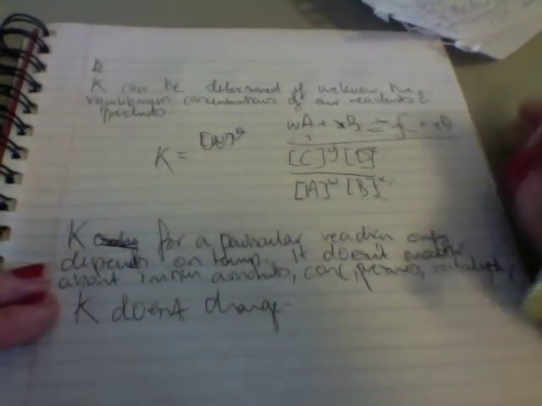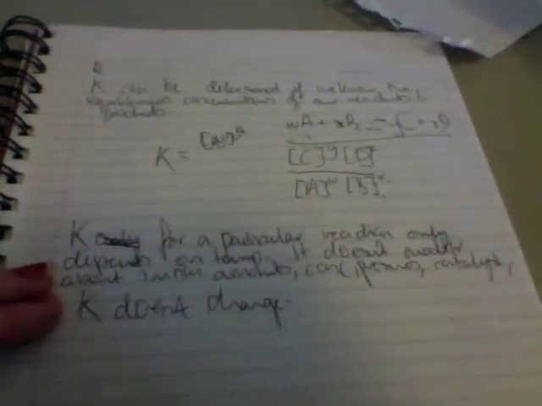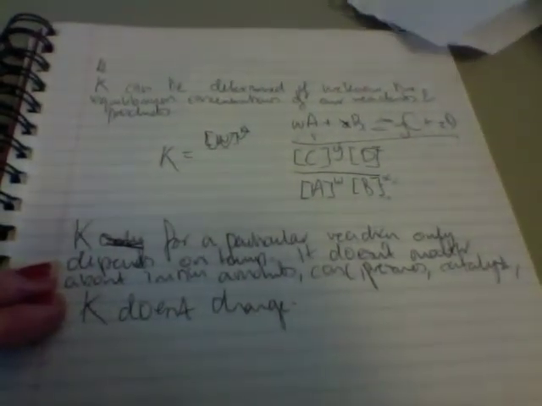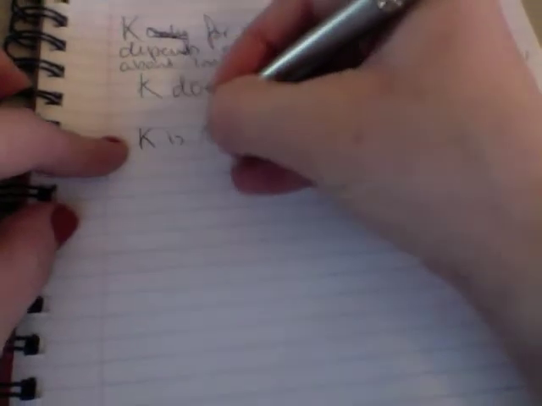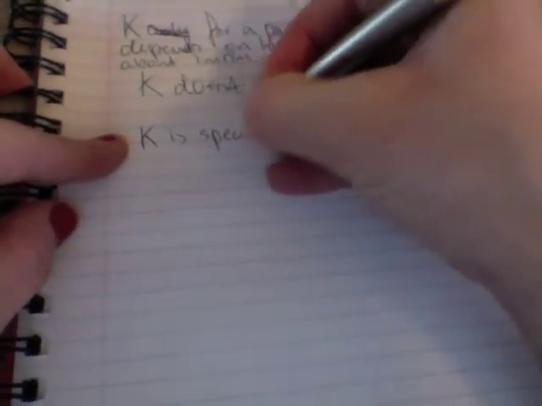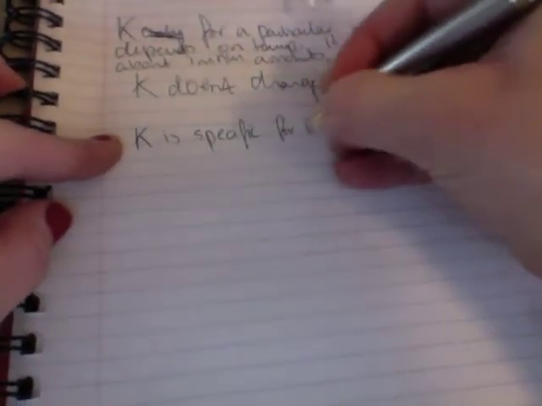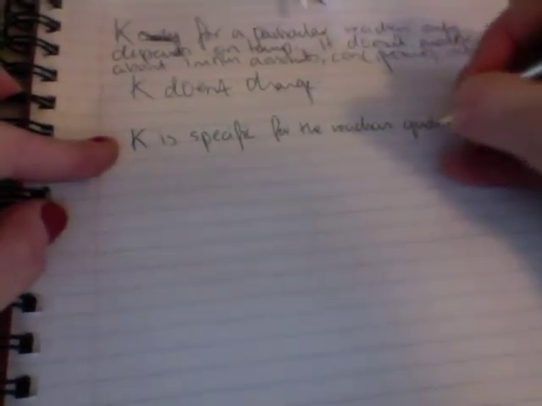Now, basically, we're going to continue on with the equilibrium law, which is K. As I said, K is specific for the reaction quoted. So let's have a couple of examples.